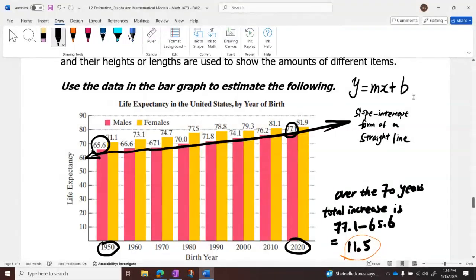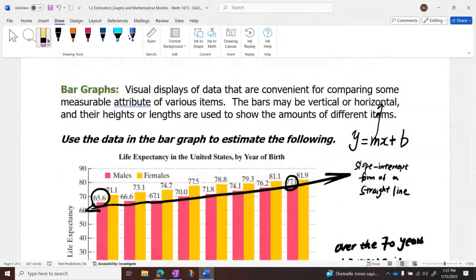All right. On the left side of the equation, we have a variable y. On the right side of the equation, we have two parts adding together. The first part is m times x. M here is the slope of the line.